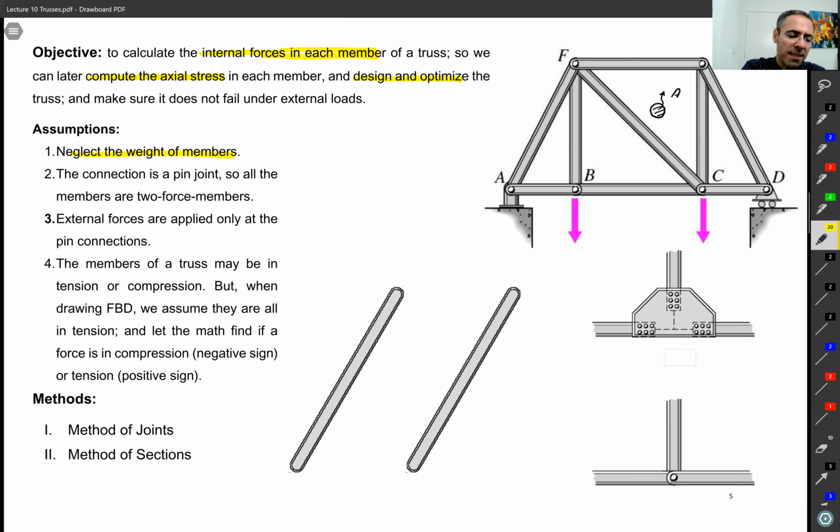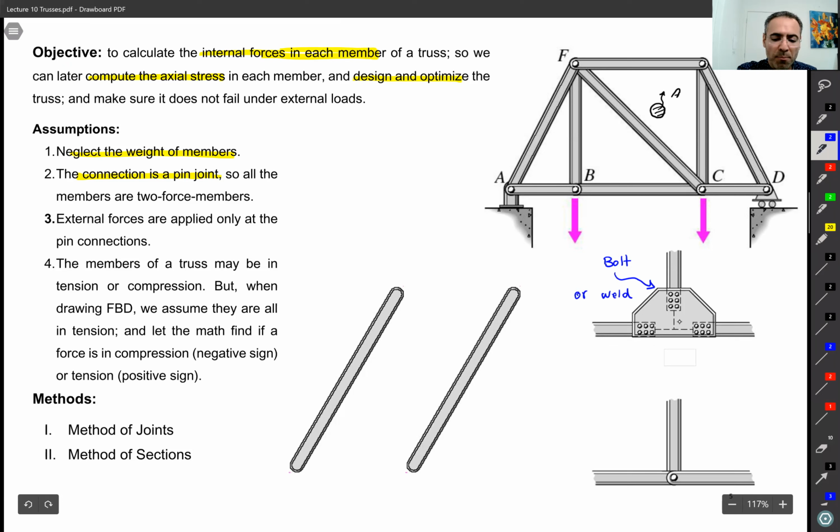Secondly, the connections are all joints. In practice, if you look at the image on the right side, the actual joints are either bolts like this one, or welded together.